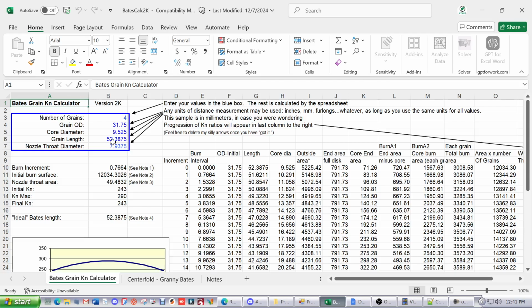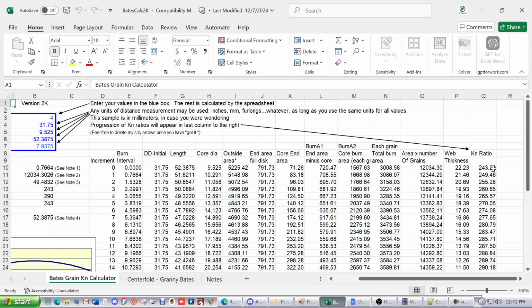I will just say the 1:3:5 ratio is one that I kind of came up with that is excellent, but we'll discuss that later. Anyway, so you put in your information, it'll go ahead and calculate the Kn. You want your first Kn from before it starts burning. You don't want to do it mid-burn, you just want your first initial Kn.